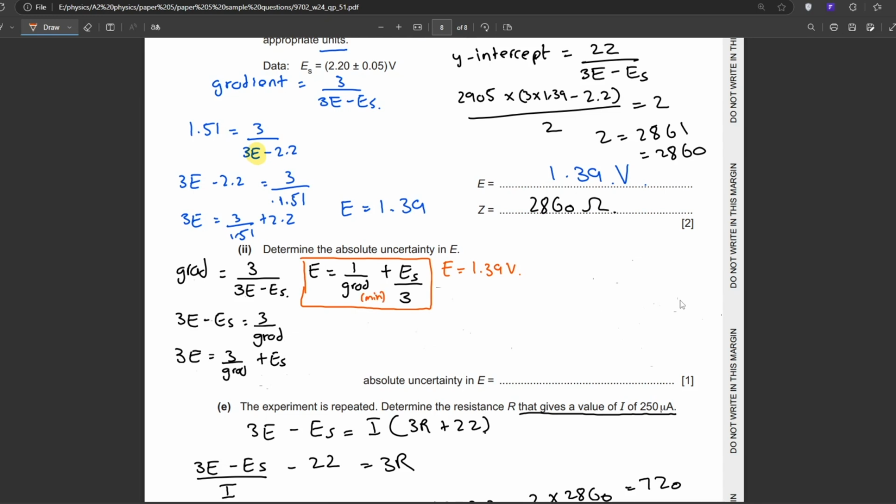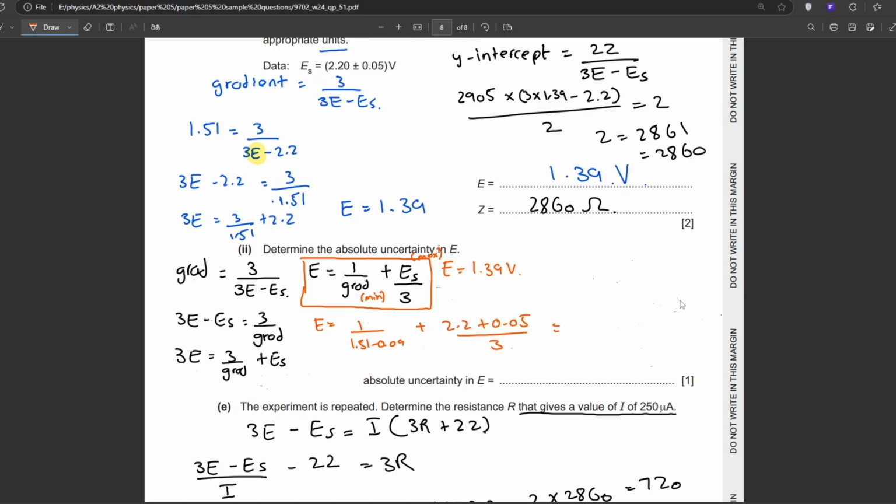If you put the minimum value of gradient and maximum value of ES, this will make both the fractions maximum. So what is the minimum value of gradient? 1.51 minus 0.09. Perfect. What is the maximum value of ES? 2.2 plus 0.05 divided by 3.